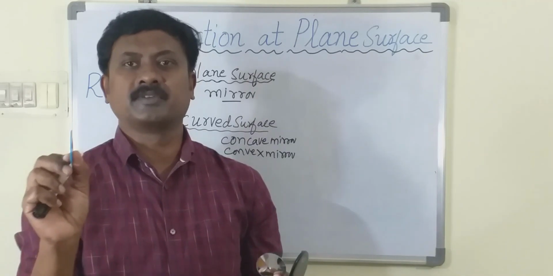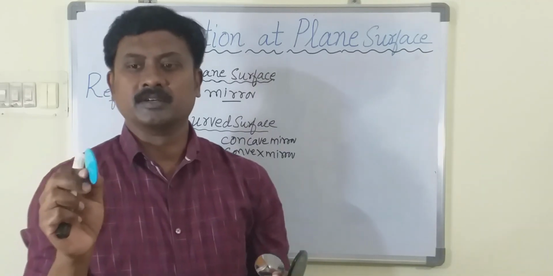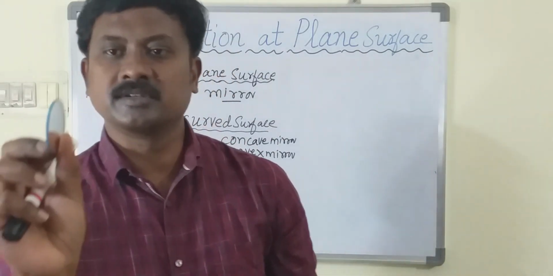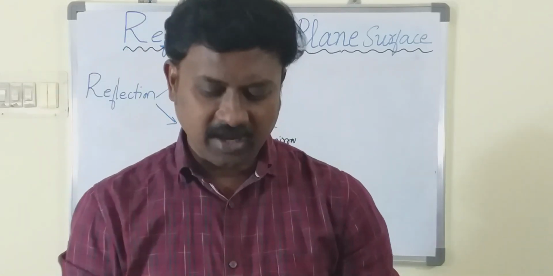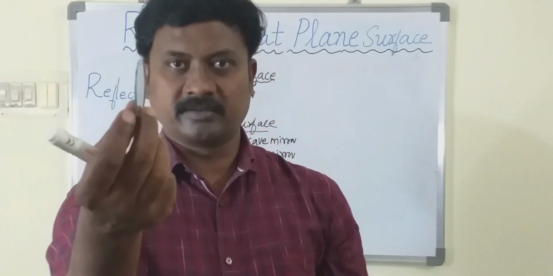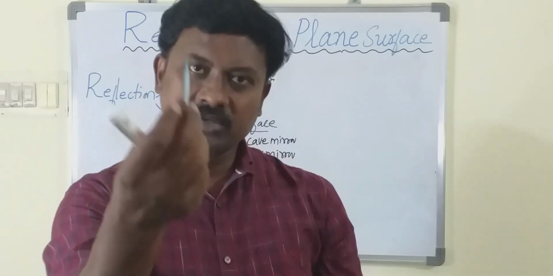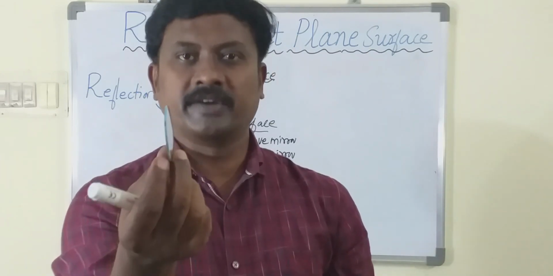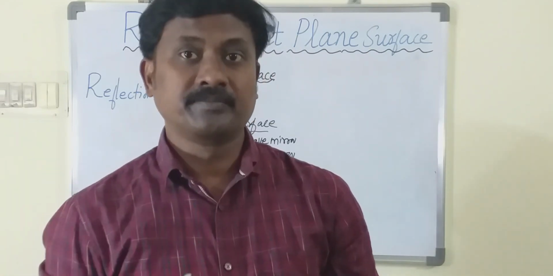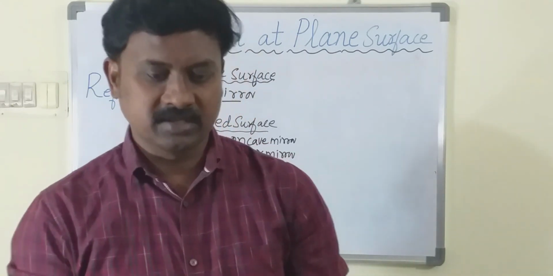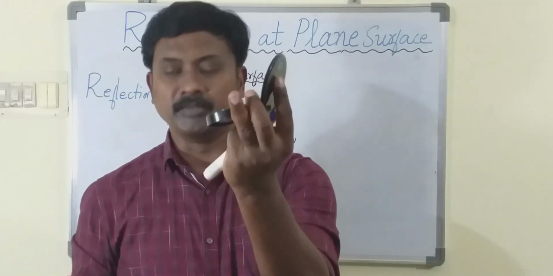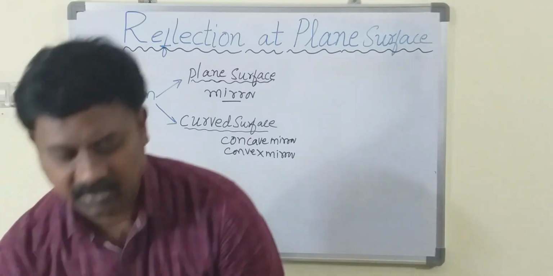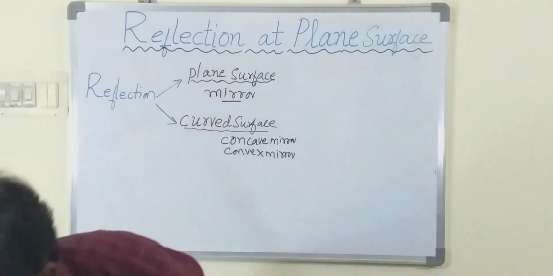The best example for the concave mirror is the shaving mirror. This is curved inside. Next we have a convex mirror, which is curved outside. The best example for the convex mirror is the rear mirror, which we use in automobiles. And this is the looking mirror. Okay, right. I hope you understood.